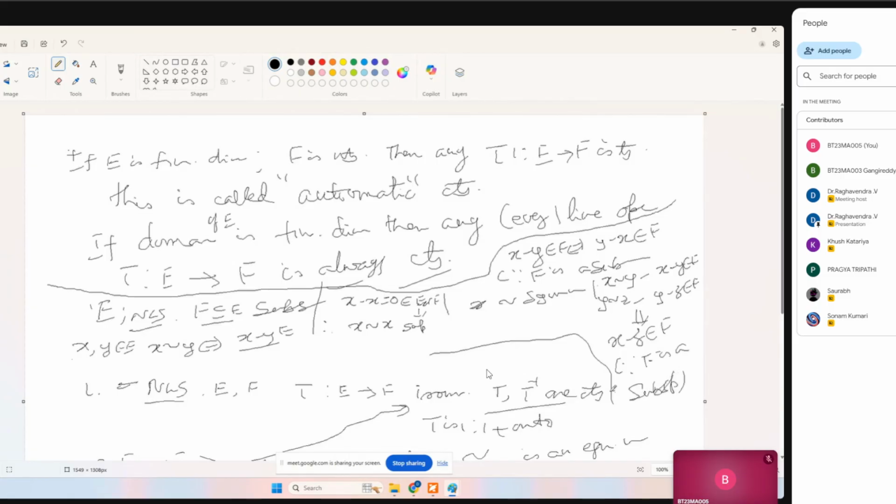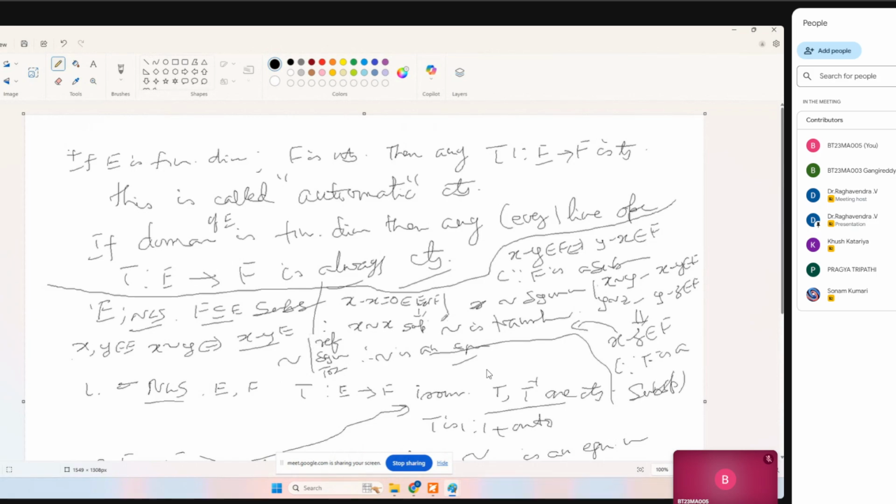So this shows that this relation is transitive. That means this relation is reflexive, symmetric, and transitive. And therefore, this relation is an equivalence relation.